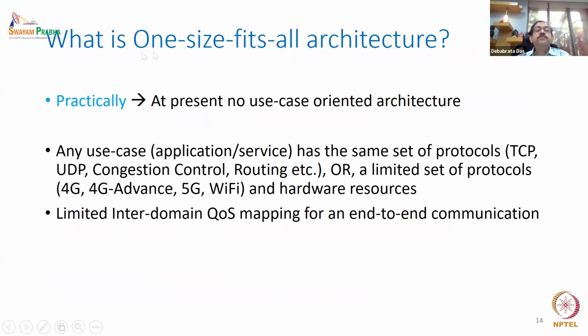Practically, what is a one-size-fits-all architecture? At present, there is no use case oriented architecture. If I look at your home, you are sitting at home doing a video conference, using the same Wi-Fi and the same cellular 5G or 4G base station for video conference, for your voice call, for the same protocol for playing video games with your friends, and also sending email and browsing, everything.